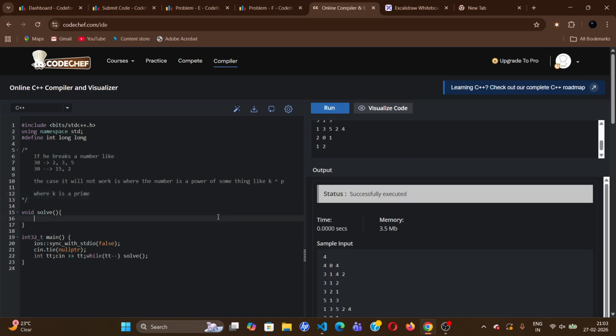If multiple primes are there, we can always do that. Yeah, we can always do that.